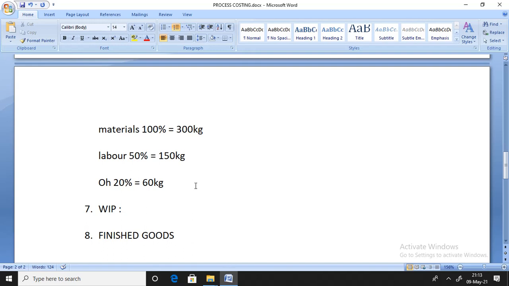Now, where all units are completed, how do we calculate the cost per unit?